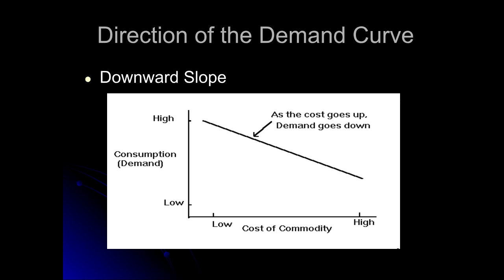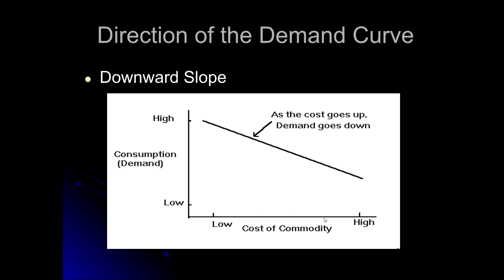Alright, the direction of the demand curve, if you did it right, will always go down because as the cost of a good goes up, demand goes down. So if there's a high demand, there's a low price.